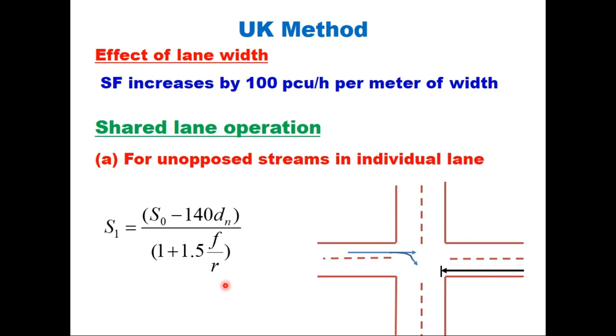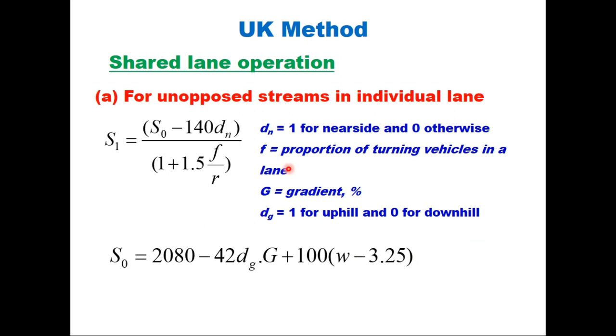Now here dn is 1 for near side and 0 for non-near side lane. Small f is the proportion of turning traffic in the lane, g is the gradient, and r is the radius of the curve. Radius of the curve for right turning traffic.